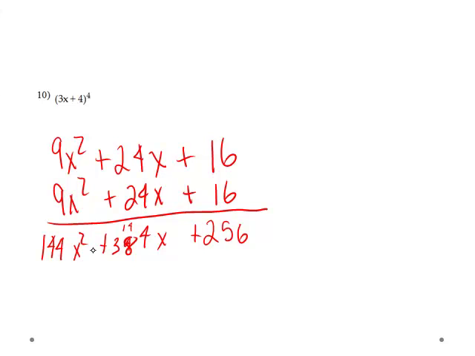And then plus 144x squared. This times this is 384x, plus 24 times 24 is 16, carry the 1, 5, 8, 9. 2 times 4 is 8. 2 times 2 is 4. 576x squared. 24 times 9.